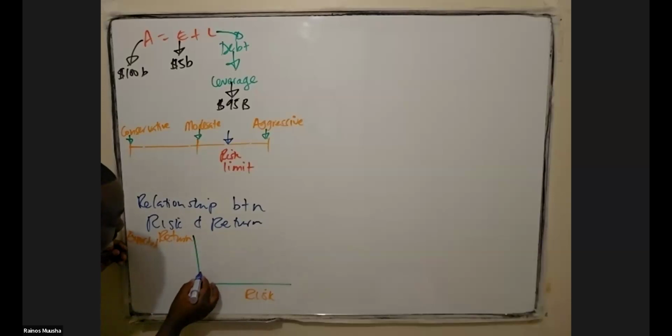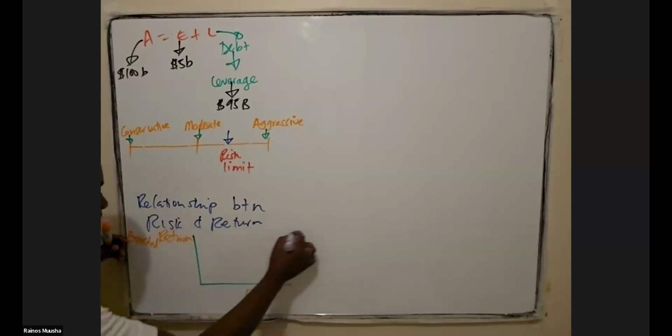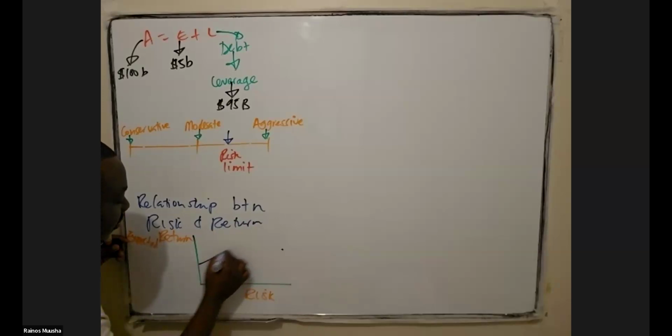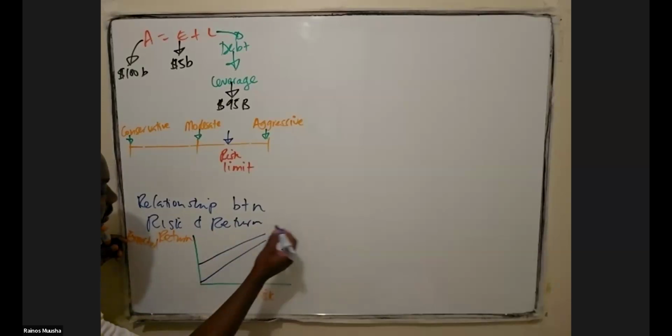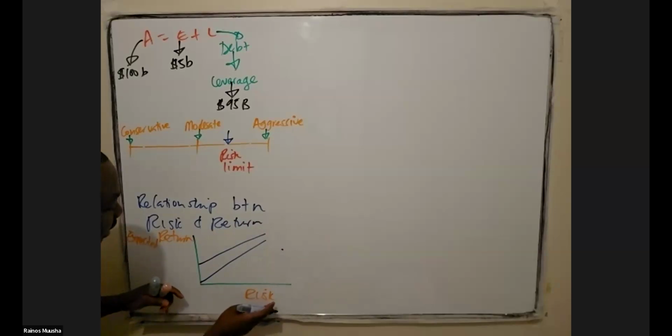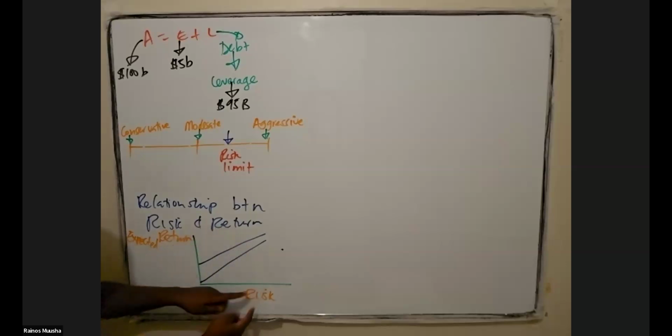So there's going to be an expected return, which means generally we expect this relationship, whether it's starting from here or from there, to be something like this, where when risk increases, expected return also increases. So there's always going to be that relationship there, which means that as management is pursuing these higher expected returns, they should also acknowledge that their risk exposure is also increasing.